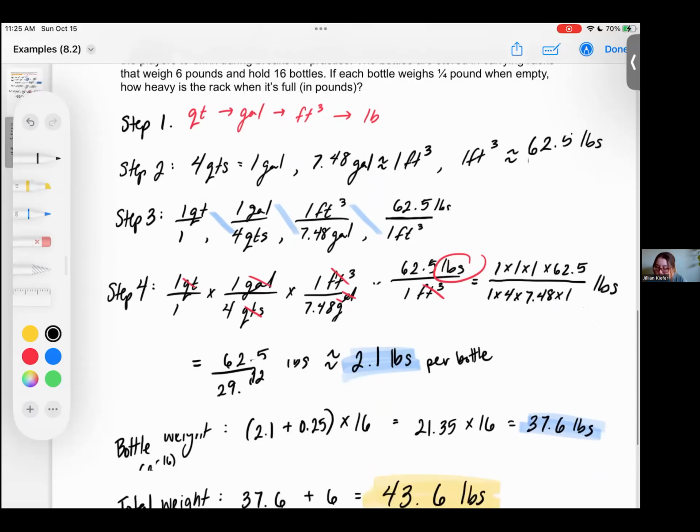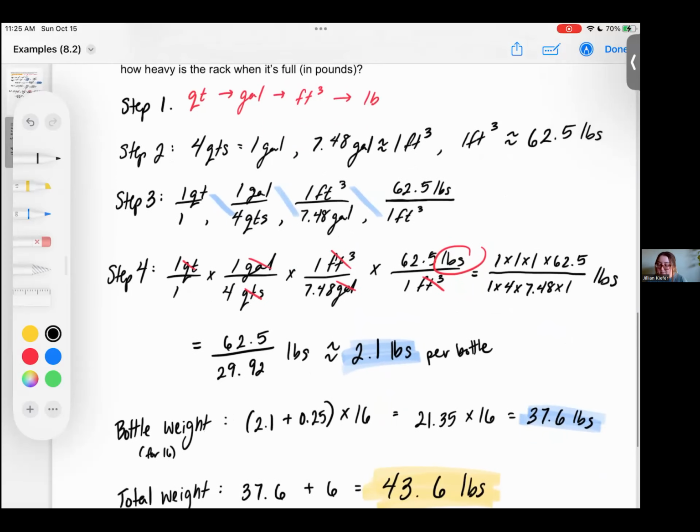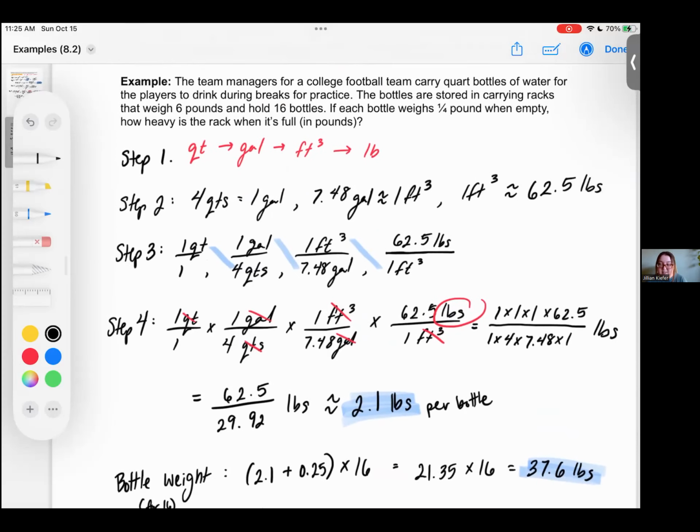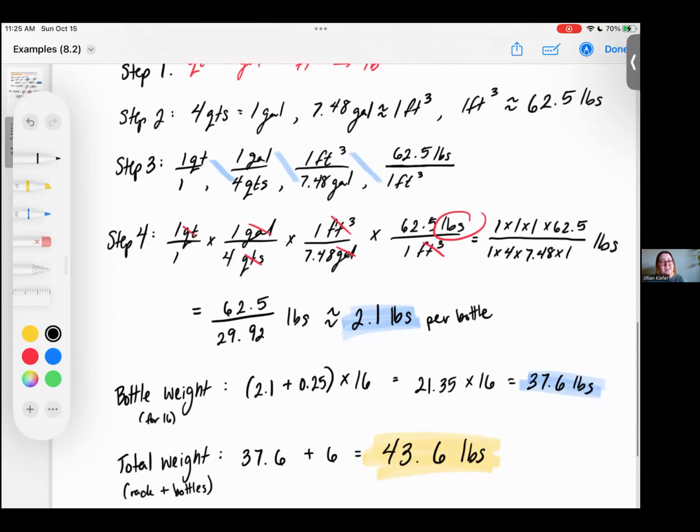And then lastly, adding on the weight of the rack to get the total weight of the rack when all the bottles are filled, 43.6 pounds. So when deciding if you're going to be a team manager, you've got to be able to push 43.6 pounds. So, all right. That wraps up that example.